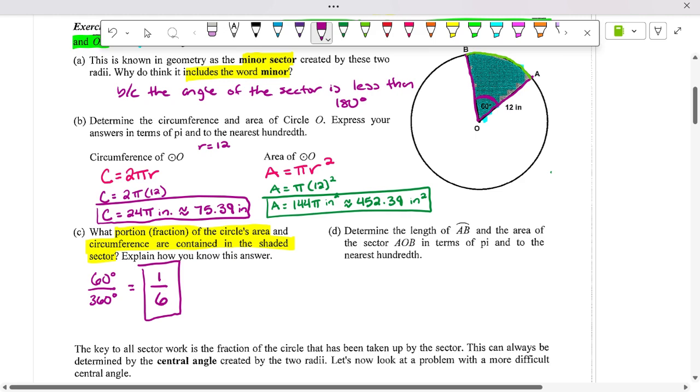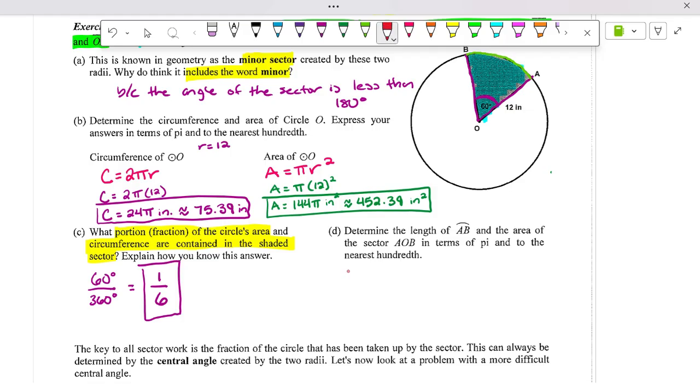I'm going to use the exact values so we get as close as possible. For the arc length, we're going to take the circumference and multiply it by 1/6.